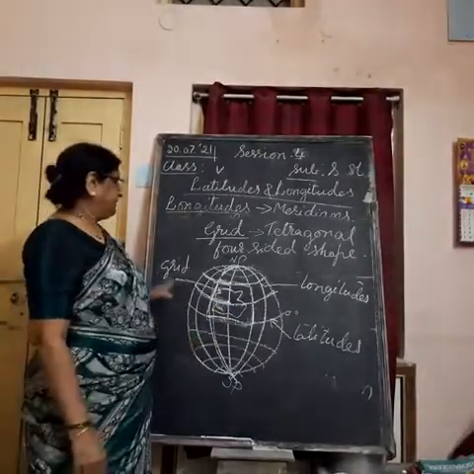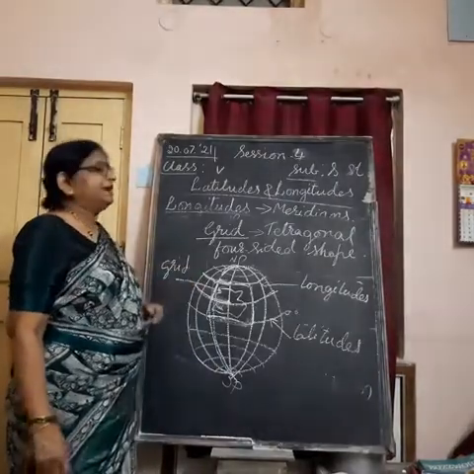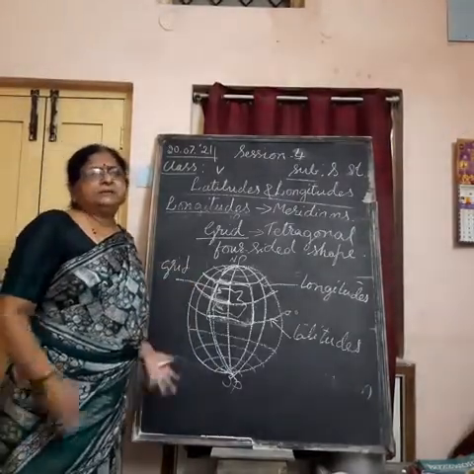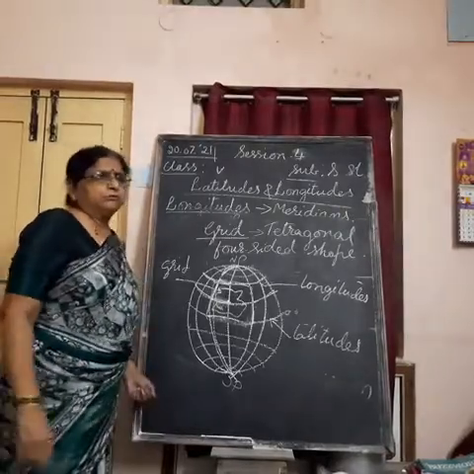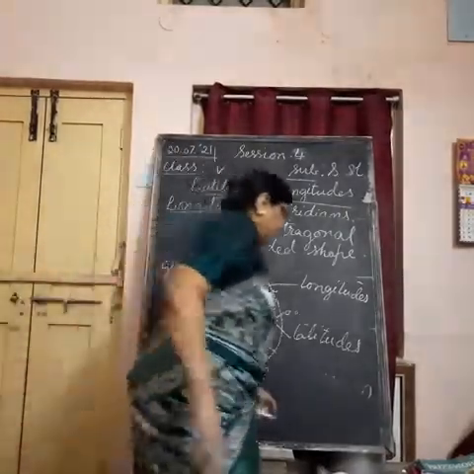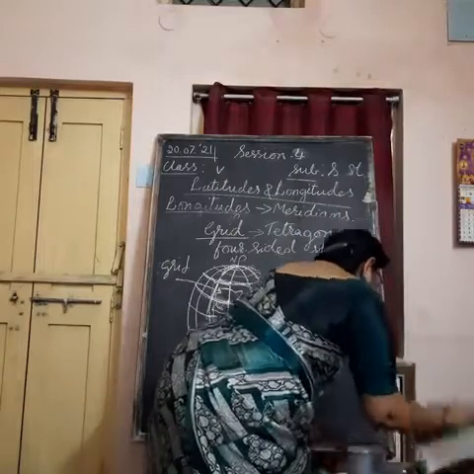So in this way, the grid in the map helps us to locate the places easily, to know about the location of the places very easily. Understand?